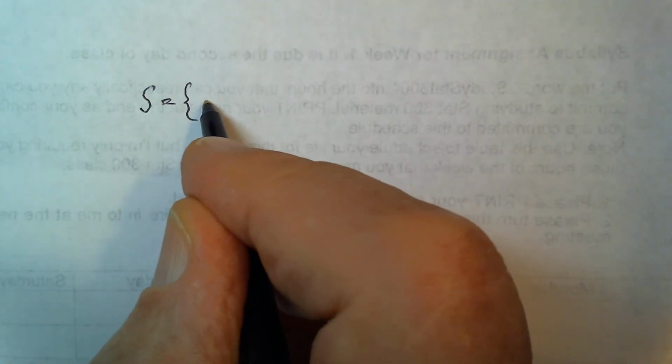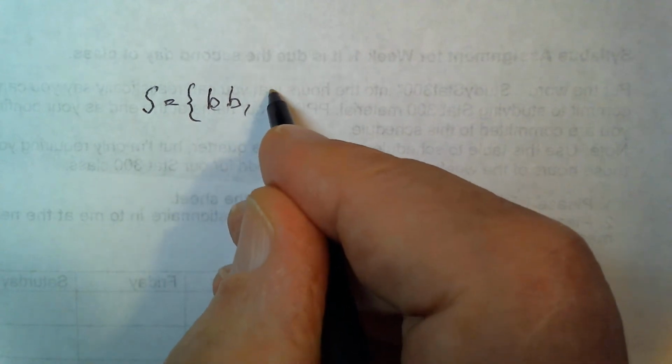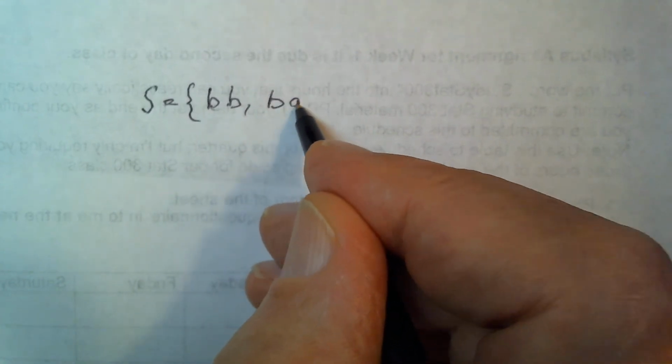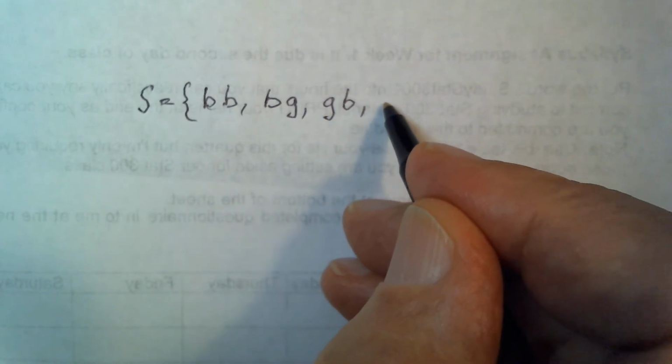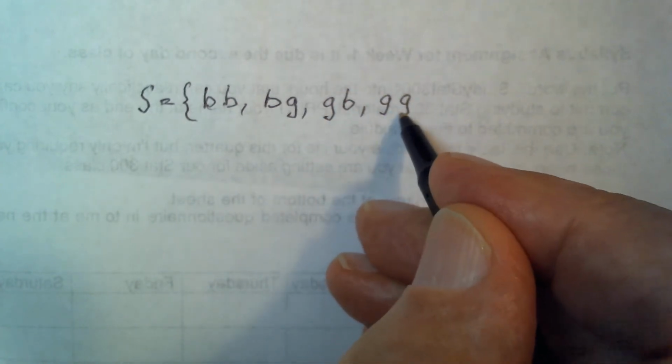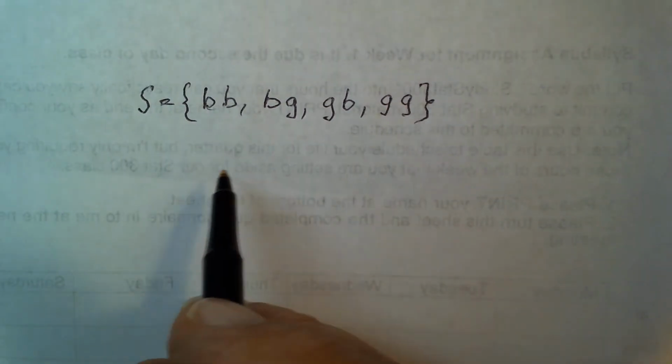When she has a total of 2 children, the sample space could be 2 boys, it could be a boy and a girl, it could be a girl and a boy, and it could be 2 girls. So it's a total of 4 possible outcomes.